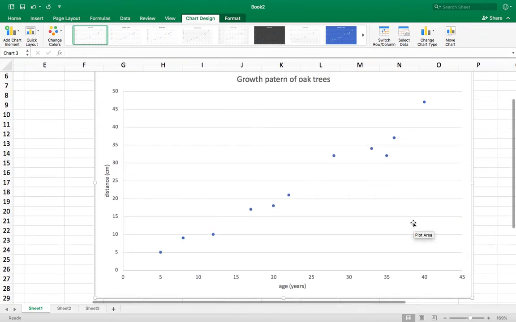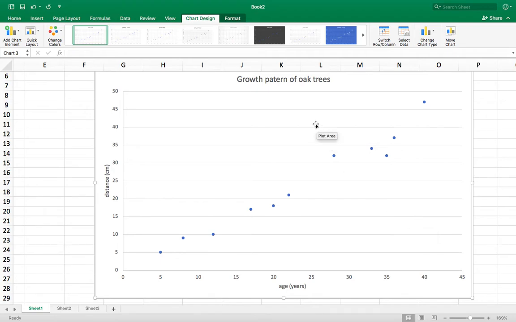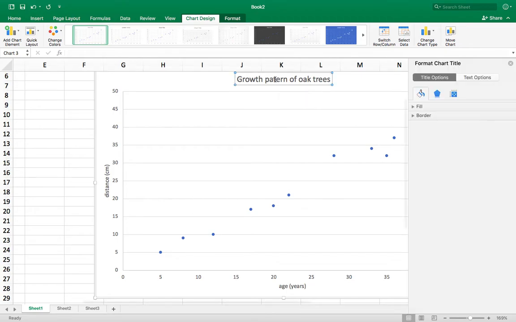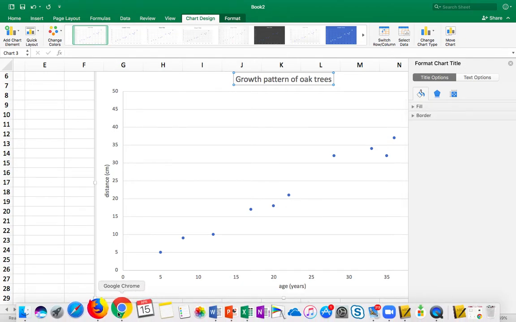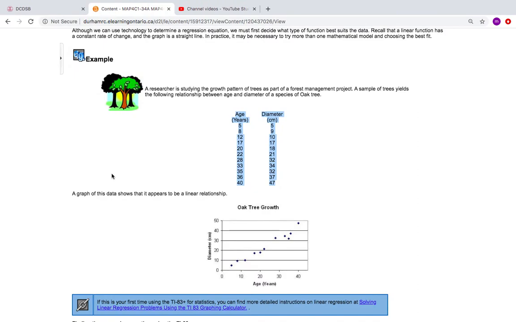Now you are going to need to find an equation of best fit. As we can see, this shows a linear pattern.